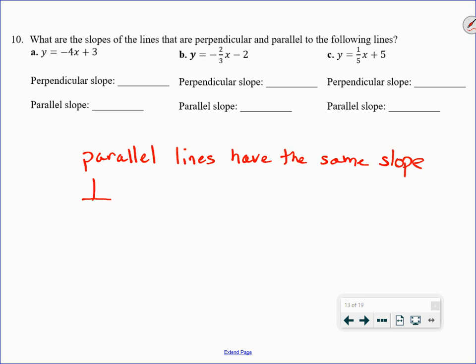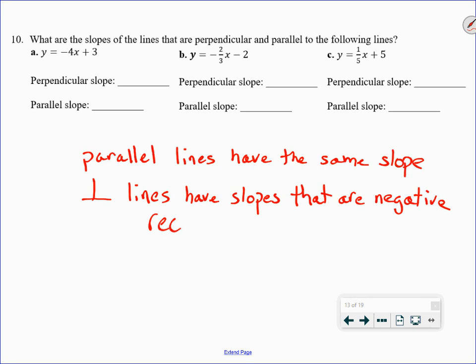Perpendicular lines have slopes that are negative reciprocals. And reciprocal just means you flip the fraction.